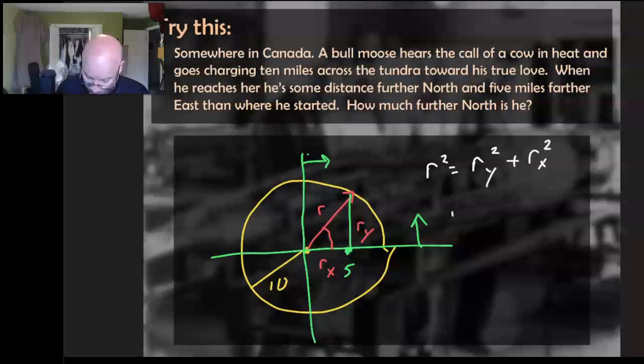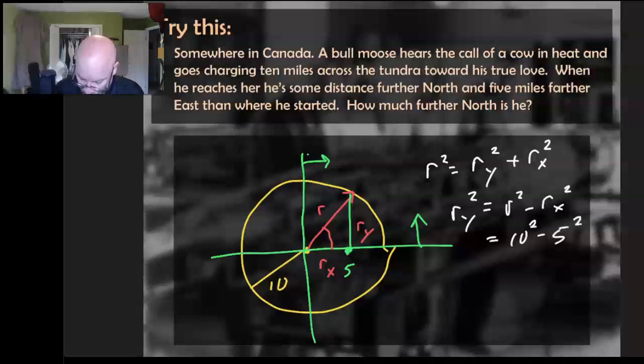You can see right away where that's going to pop out. So r_y squared becomes r squared minus r_x squared. So we're going to have 10 squared minus 5 squared. That's my r_y squared. So r_y by itself, we're just going to take the square root of that.